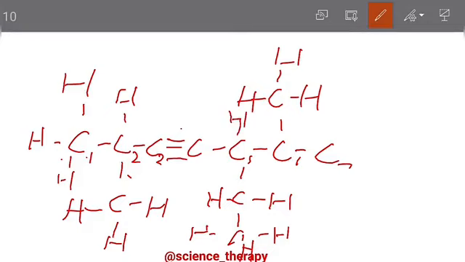So let's see, this is 2, 6. We have a methyl group in carbon number 2, and then we have another methyl group in carbon number 6. That's 2,6-dimethyl. So fill in the hydrogens. We are not done.